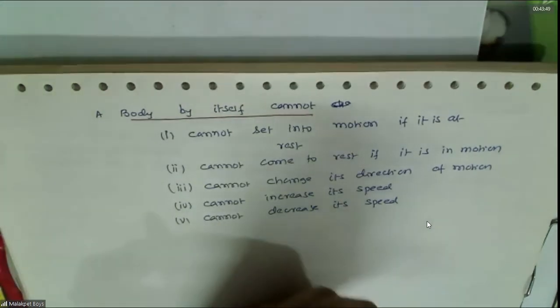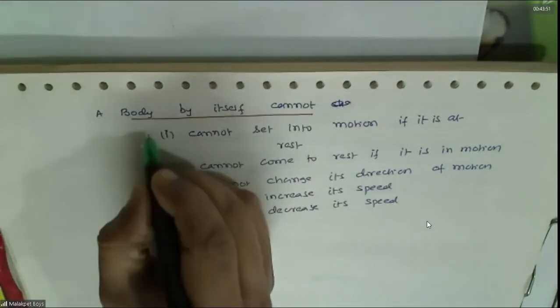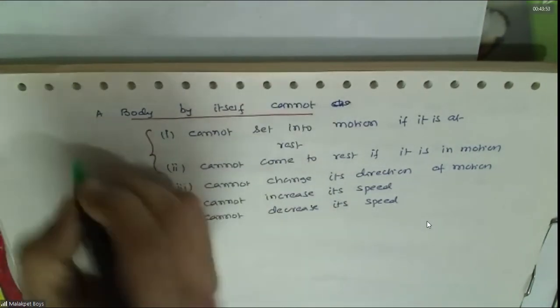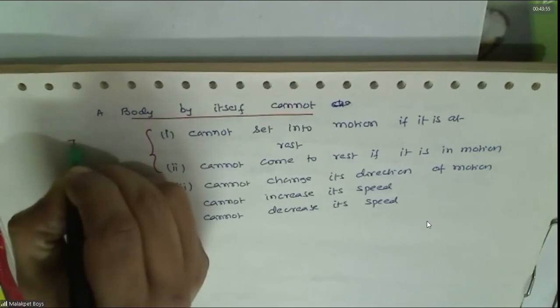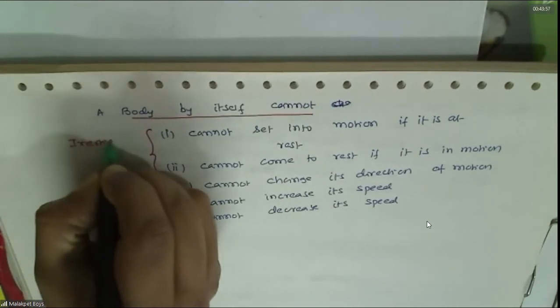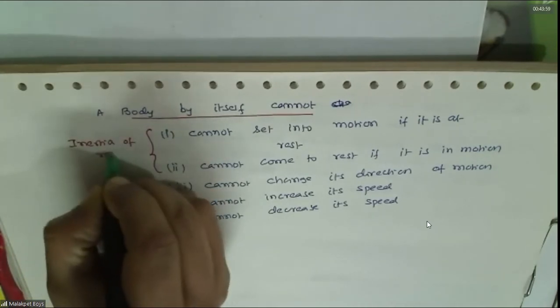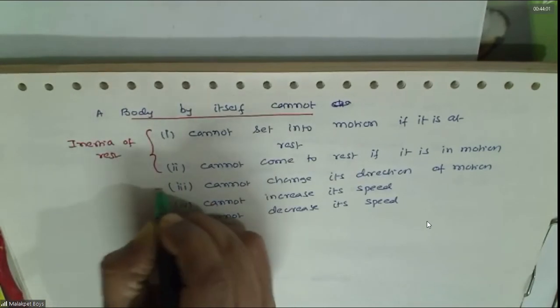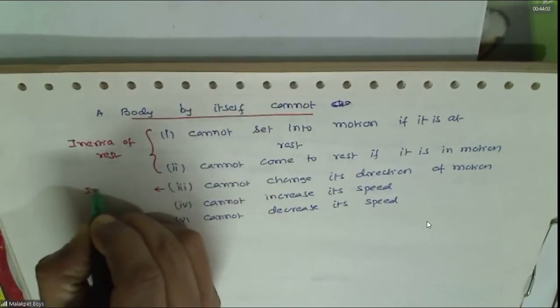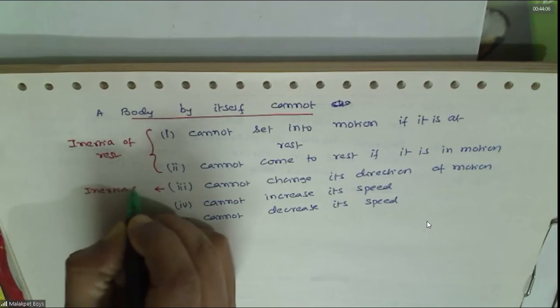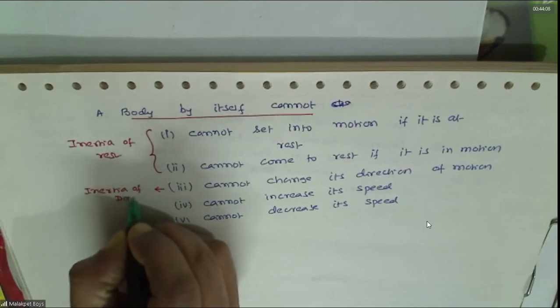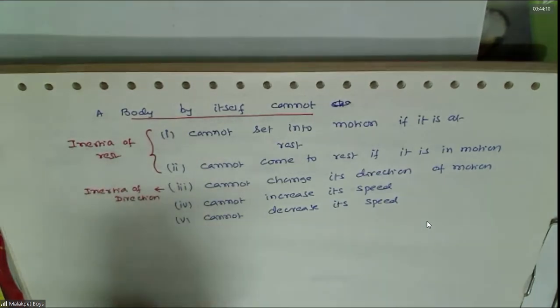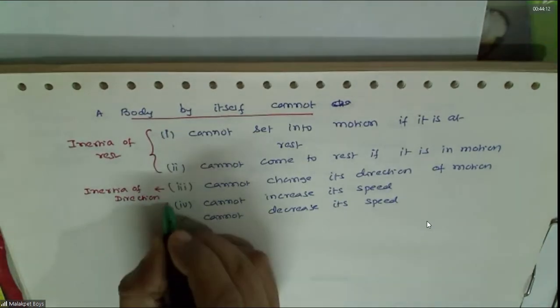So, understood this? This is what we call inertia, the inability. We name it inertia of rest. And we call the inability to change direction inertia of direction. Do you agree with this? Yes, sir.